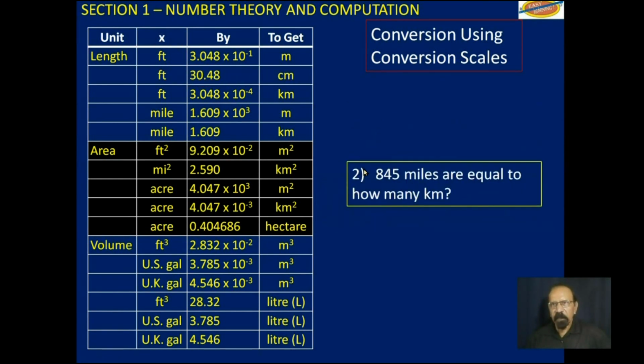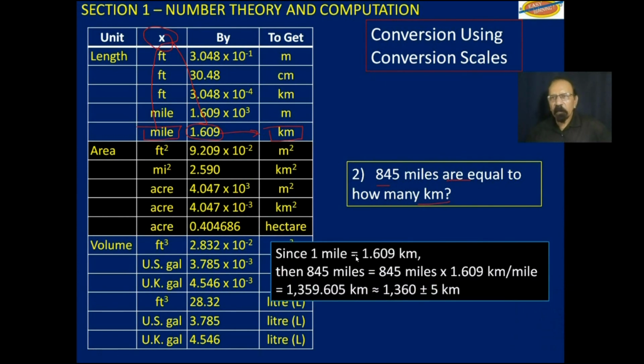Let's look at another example. 845 miles are equal to how many kilometers? So we are given miles and we want kilometers. We are going from miles, so we will multiply by this factor and we will get that answer.